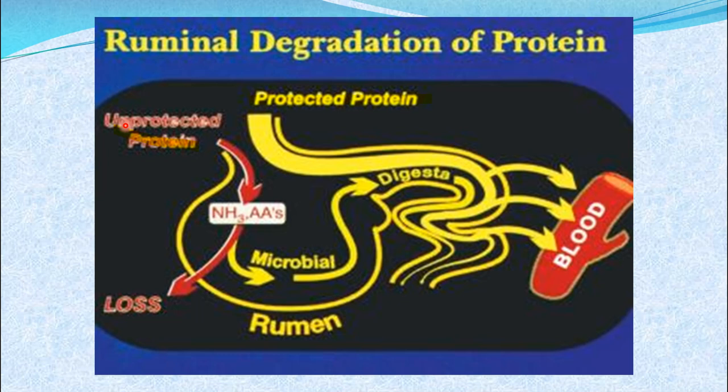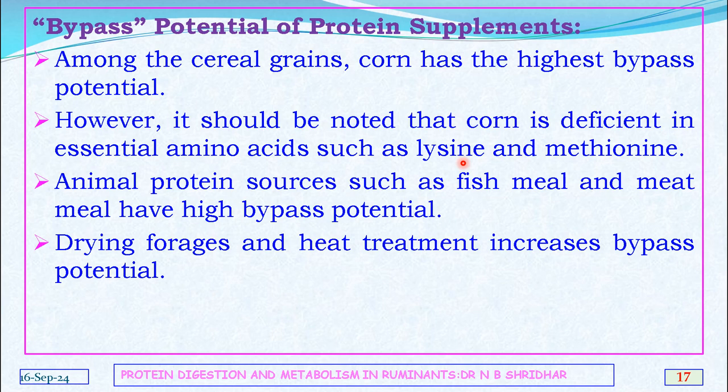Whereas the unprotected proteins, or rumen degradable proteins, are converted to ammonia and amino acids, and these are utilized by the microflora. Some of them get lost, and ultimately are absorbed in the rumen itself. Whereas the protected or bypassed amino acids or proteins go directly to the abomasum, then the intestine, where they are digested. So this is the basic difference.